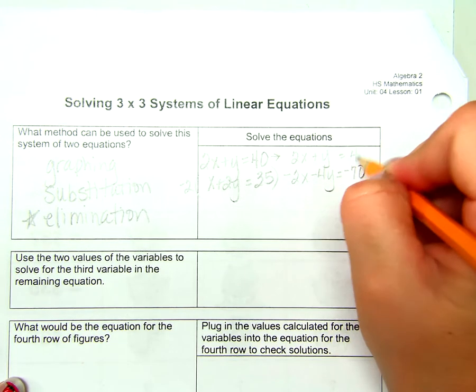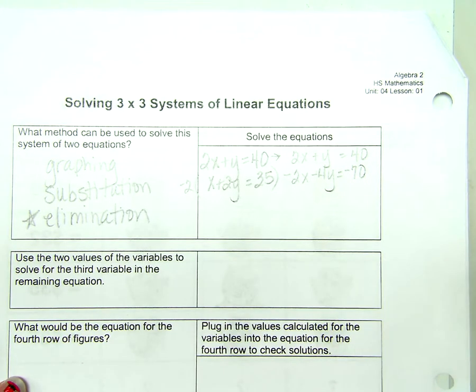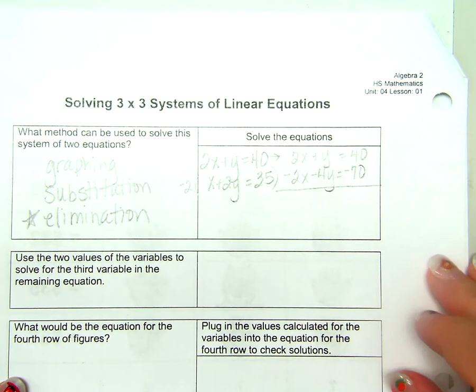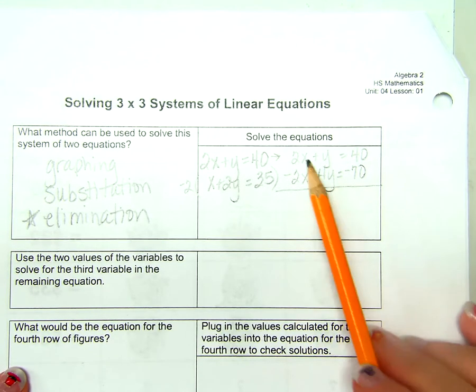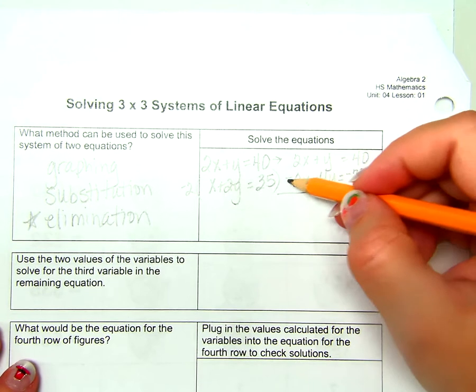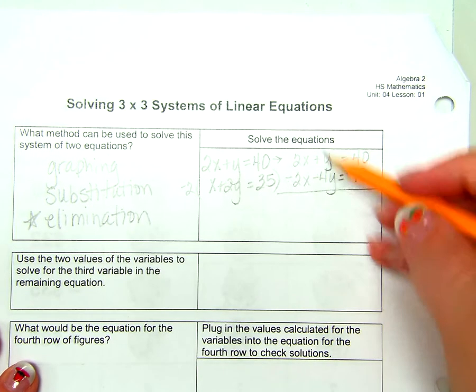Why do I want to rewrite it? What do I have lined up if I rewrite it? Everything, right? My x's are lined up, my y's are lined up, and my constants are lined up. And for those of you who are visual learners, you may need those lined up so you can see exactly what's happening. Okay? What's 2x minus 2x? 0.